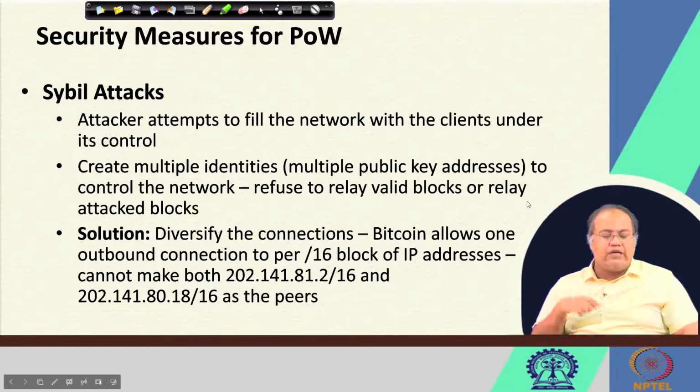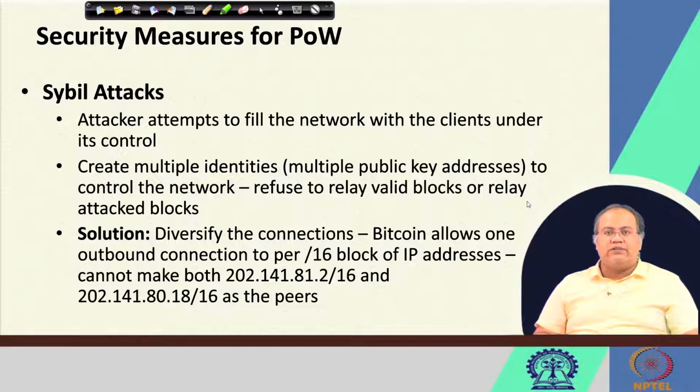So, if you try to see the type of attacks that are possible and the security measures that are being taken on proof of work blockchain, one of the prominent attacks is the Sybil attack. So, what is a Sybil attack? The Sybil attack basically means that the attacker attempts to fill the network with clients under its control. Well, so that means I am an attacker, I can create multiple of my identities and I can actually fill up the network with those identities.